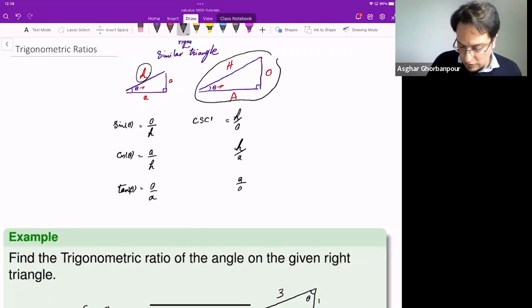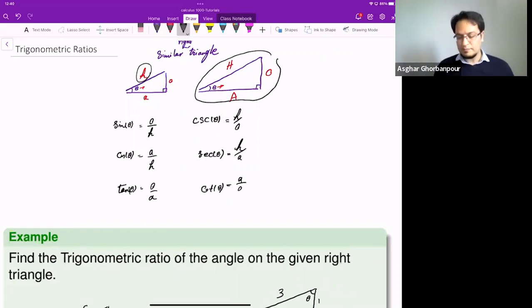You have to know cosecant theta, secant theta, and cotan theta. These are the 6 trig ratios which depend on theta, and we work with these guys.